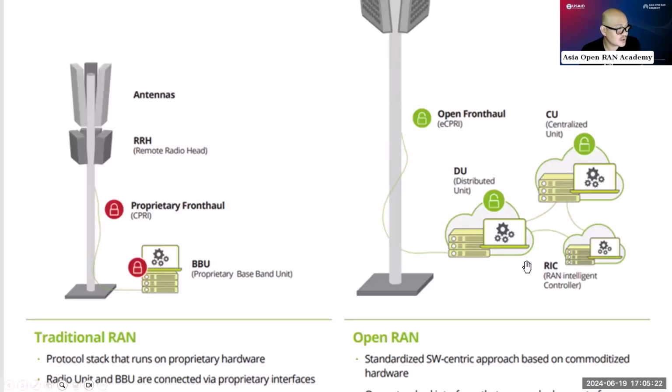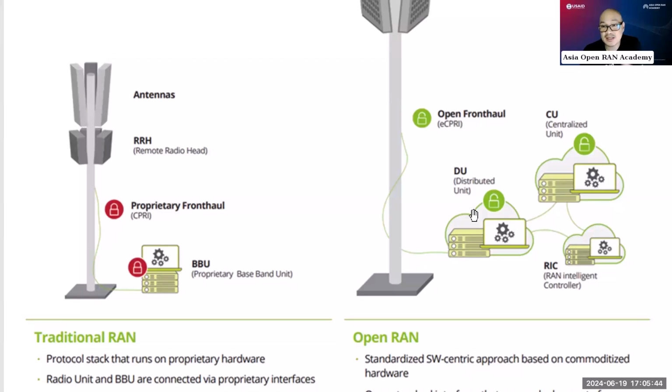This is the one that Sir Carlos mentioned, which is based on the 3GPP standard. When 5G was launched, the 3GPP standard defined three distinctive use cases: eMBB, massive machine type communications, and URLLC.